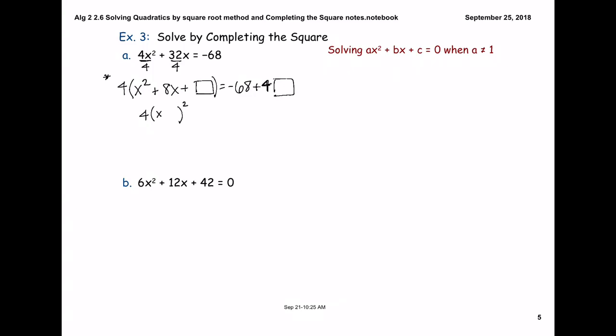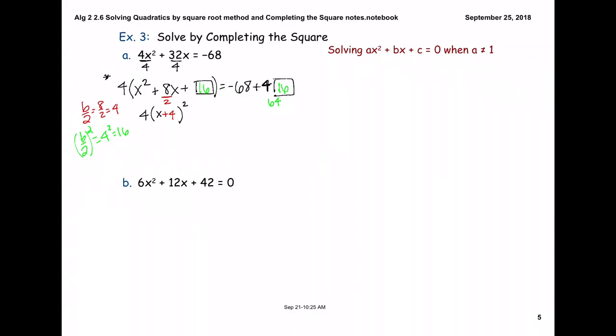So when we do our b divided by 2, you want to look at your 8. 8 divided by 2 is equal to 4. 4 squared is 16. 16 times 4, so we'll put a 16 in here. 16 times 4 is 64.